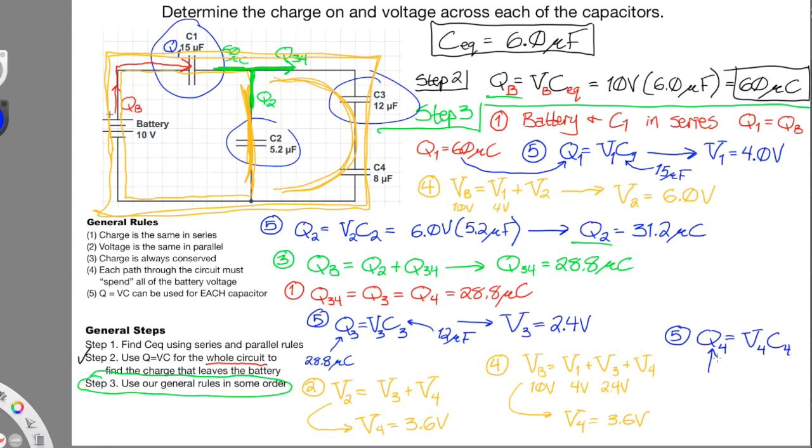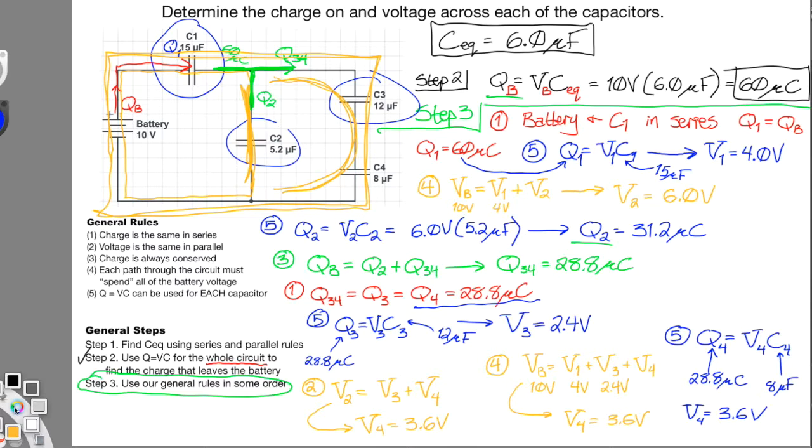Where Q4, we already found out up above, is equal to 28.8 microcoulombs, my bad. And the capacitance of C4 is that 8 microfarads from our diagram above. And when we work out the math again, we will once again get V4 equals 3.6 volts.